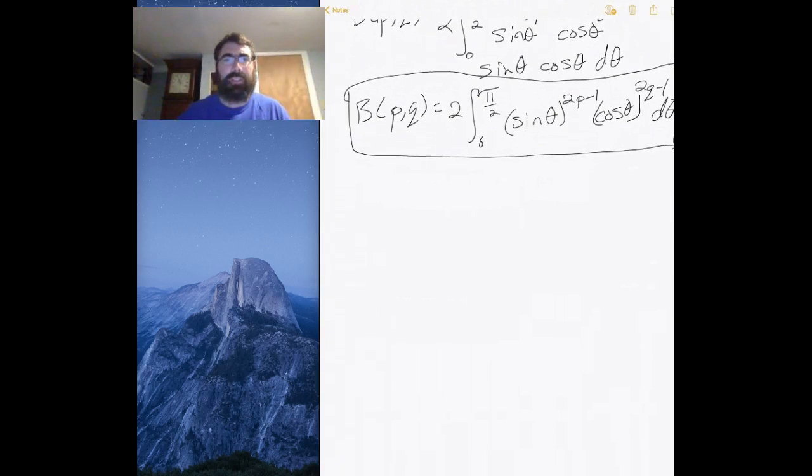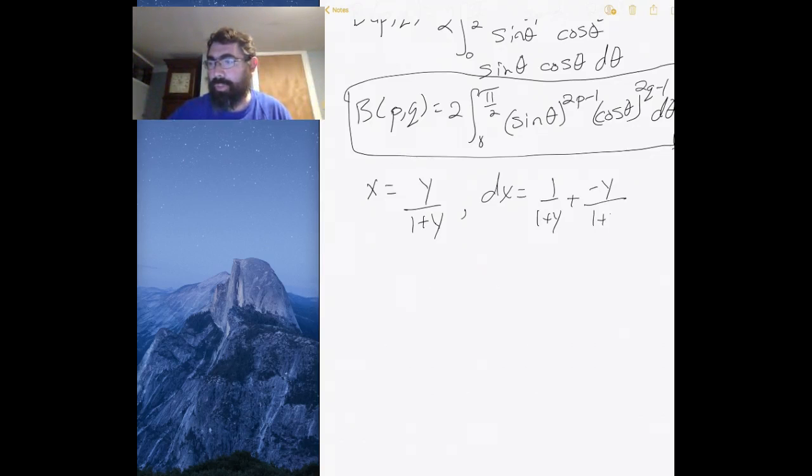Let's take a look at what if x was equal to y over 1 plus y. So in that case, dx would be equal to 1 over 1 plus y plus minus y over 1 plus y quantity squared, dy.